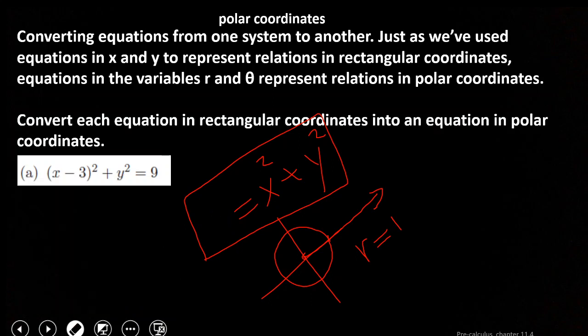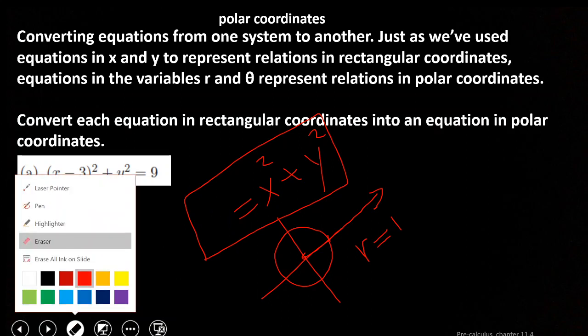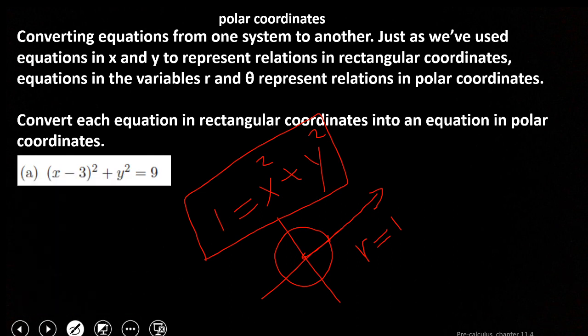Let's say instead of y, I have 1. Then that would be a circle centered at 0, 0 with radius 1, right? So this equation is the same as this whole equation.